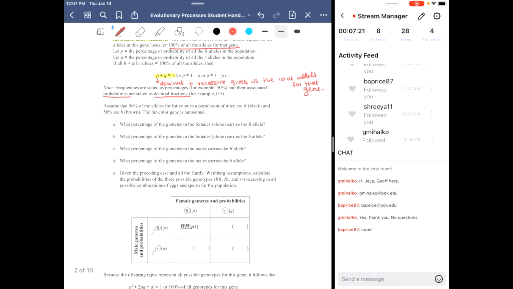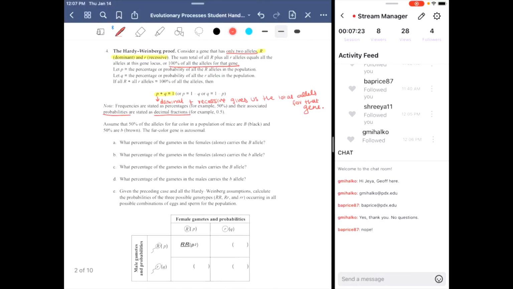Okay, so if we assume that 50% of the alleles for the fur color in the population of mice are black, big B, and 50% are recessive, little brown b, then we can know that the percentage of gametes that the female carries for the big B would be 50%, and that the percentage of the gametes in the female for the recessive one would be 50%.